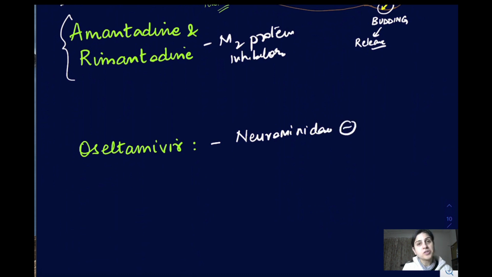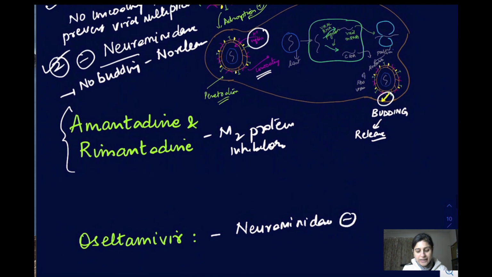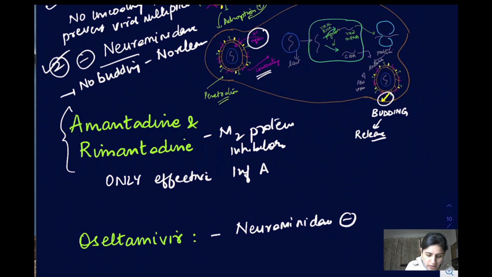Neuraminidase inhibitors. So amantadine and rimantadine are effective against influenza virus type A, influenza A infections, not against influenza B. So they're not that much used these days because of this. In addition, amantadine, if you remember, is also used in Parkinsonism.